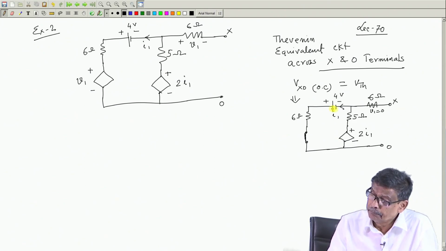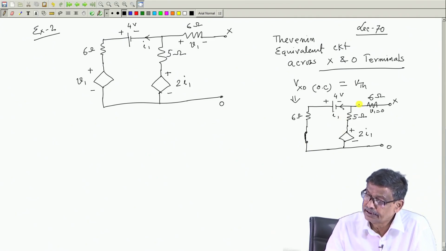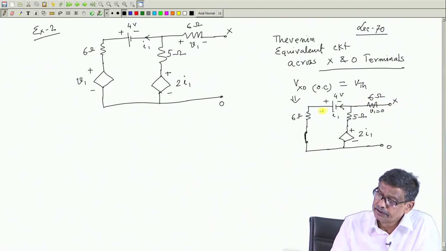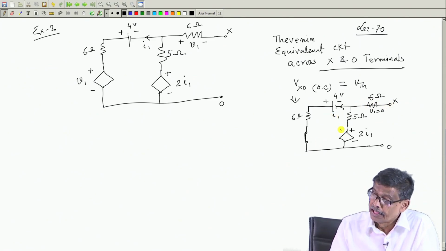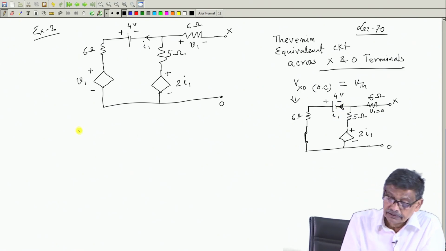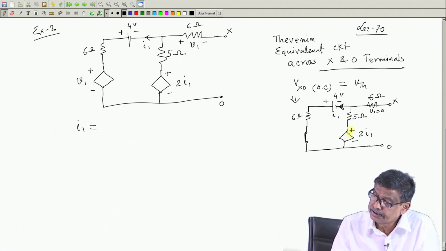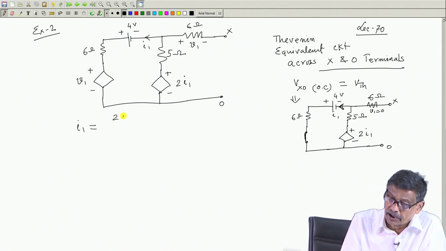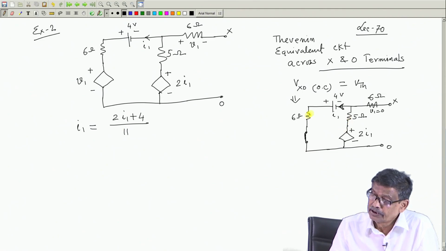Now, it is simply a series circuit here in this loop. There is no current here, it is open circuit. Therefore, currents will be in this loop only, and the magnitude of the current I 1, we can easily write down as the voltage acting in the network in this direction, that is 2 I 1 plus 4 volt, divided by 11, because total resistance is a series circuit, 2 I 1 plus 4 volt divided by 5 plus 6, 11.